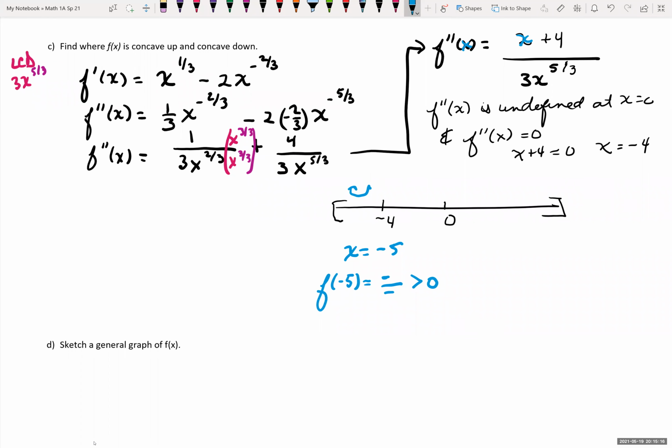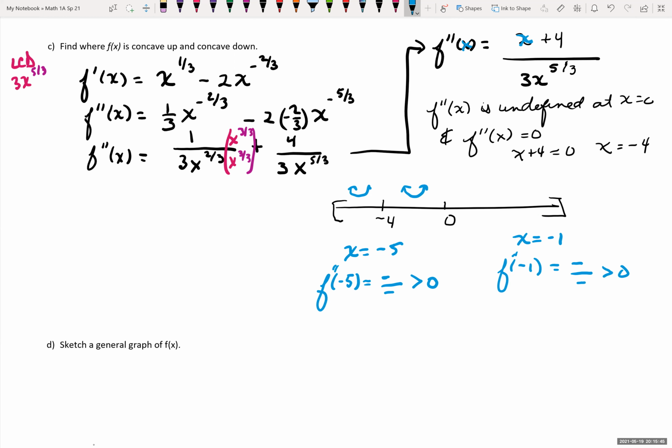Choose something between -4 and 0. How about -1? -1 plus 4 in the numerator. That's a positive number, all over a negative number raised to an odd power and a cube root, that's negative. So this is less than 0, so it's concave down.